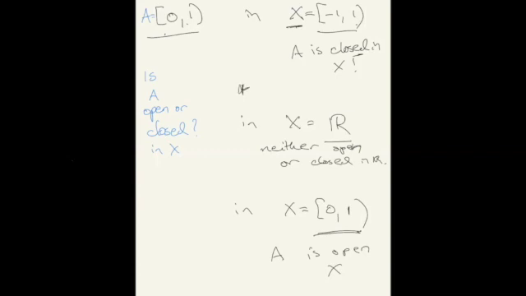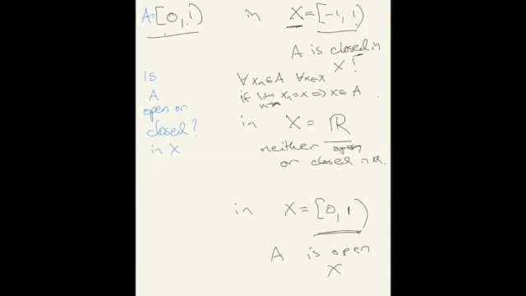Well, if you look at the definition of closed, for every sequence of points in A and for every x in X, if the limit as n goes to infinity of xn is equal to x, then x also belongs to A.